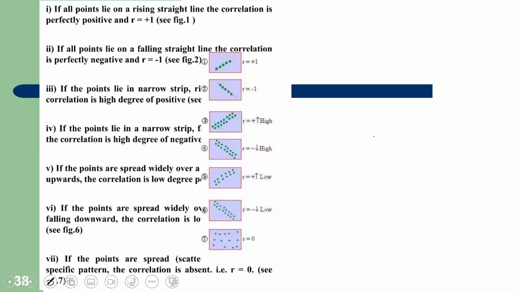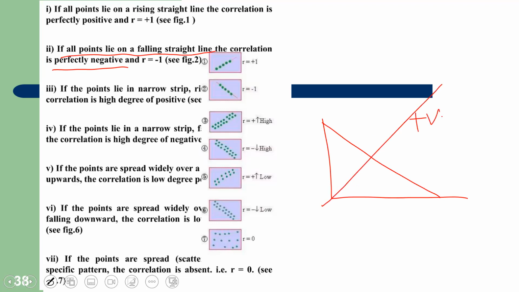But before this, we need to know how it actually happens. If all the points lie along a straight line going downward, the correlation is perfectly negative, which we already saw. If it is something like this, it will be a perfectly positive correlation.